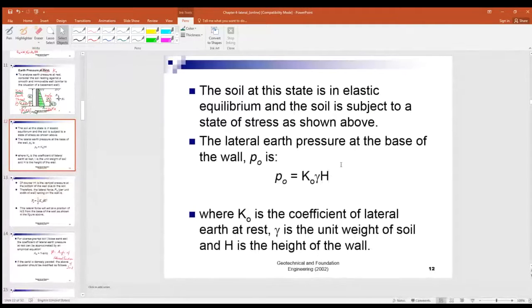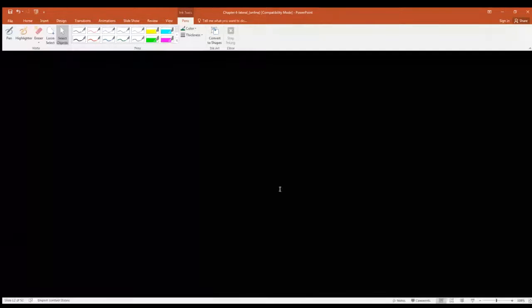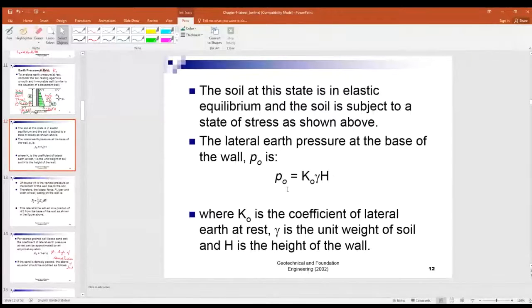The soil at this at rest state is in elastic equilibrium. It's given by this equation. P naught, the lateral earth pressure at rest, is equal to K naught times gamma H. K naught is the coefficient of earth pressure at rest. Gamma is the unit weight. H is the height of the wall.